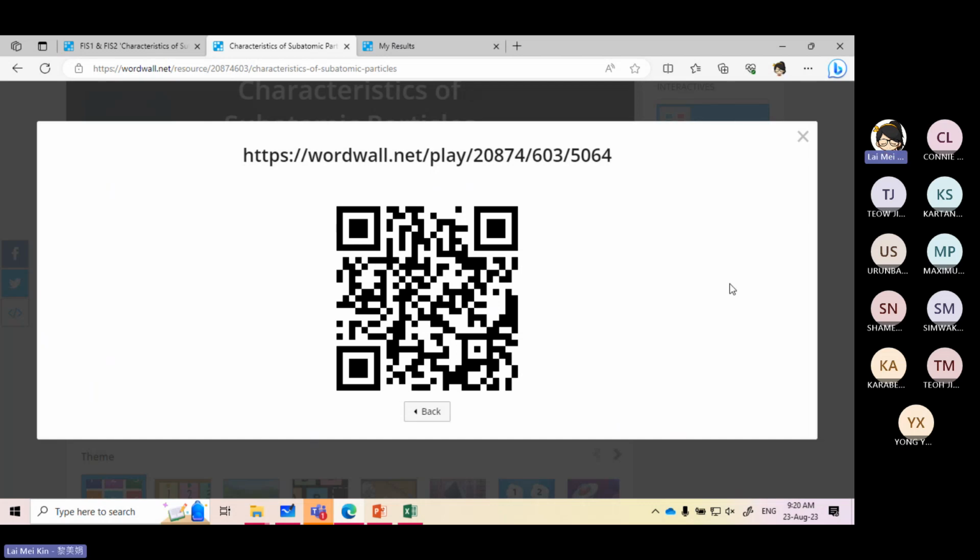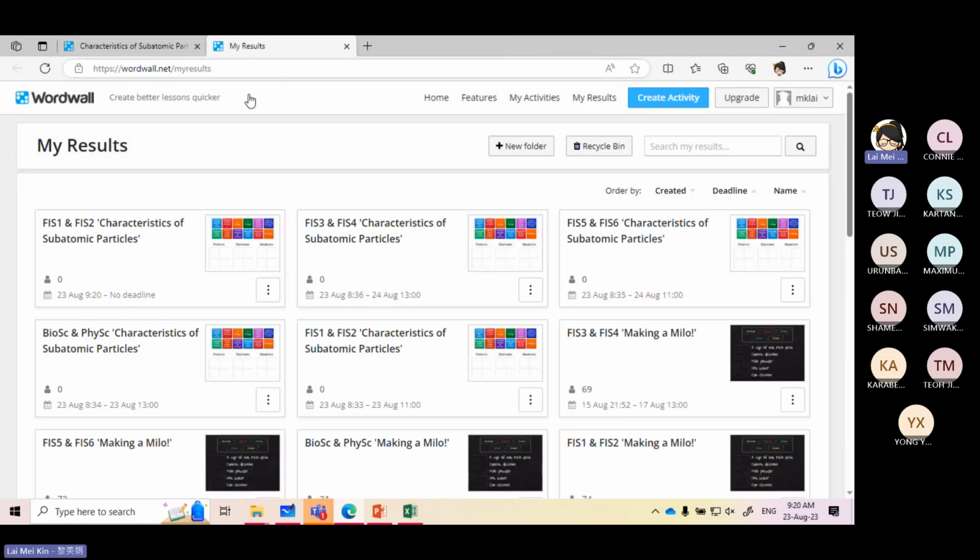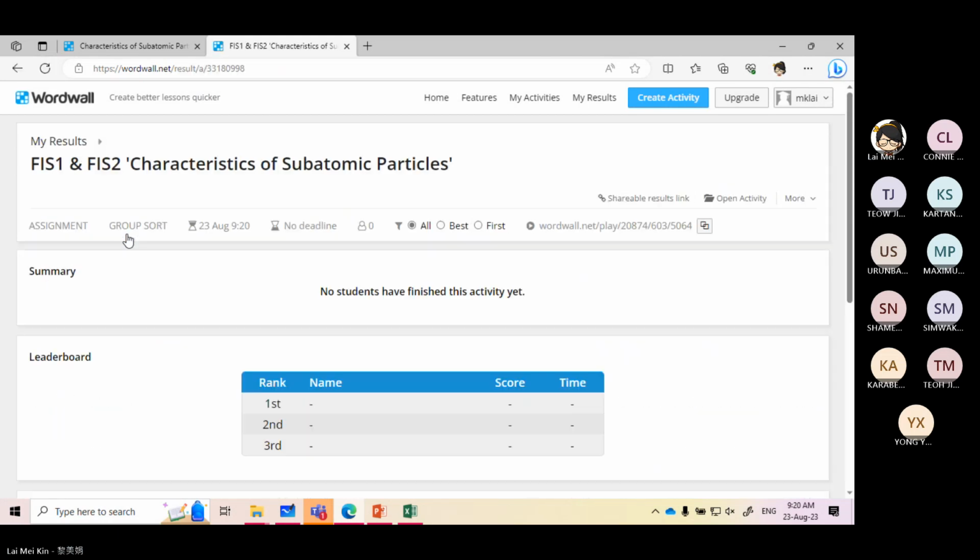Does it ask you to fill up your name? Yes. Ah, yes, right, the new one. Okay, this is the new one. You must tell me. If you get something like this, you have to tell me. If you cannot fill up your name or something's wrong, let me know. Now you were prompted to fill up your name, right?